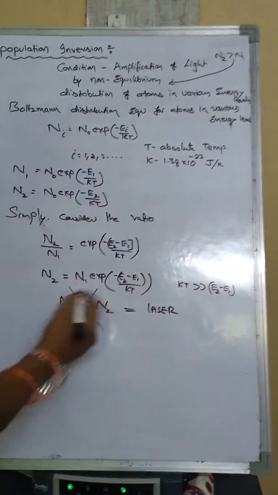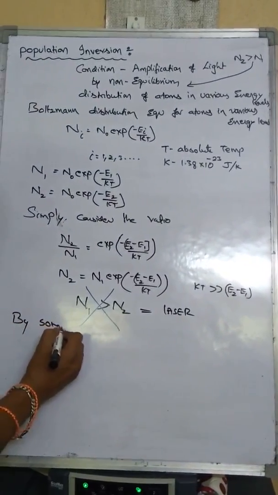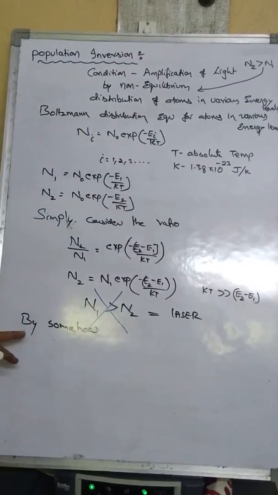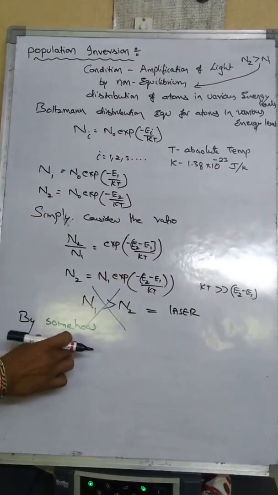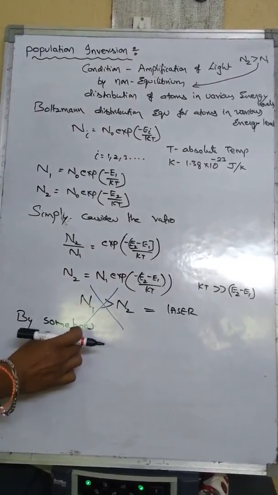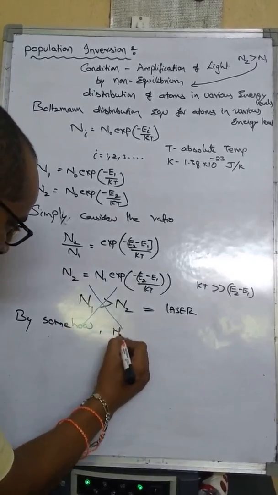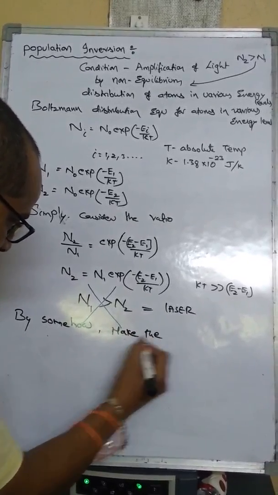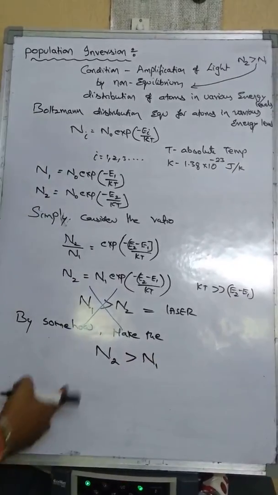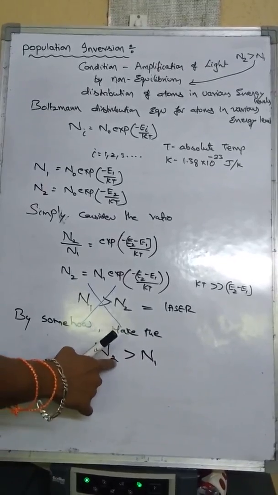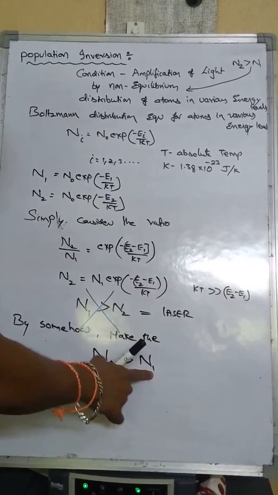So the condition for a laser is this: Albert Einstein says that by somehow, and closely look at the words I had written, by somehow means you do any process, any mechanism, any event or effect, such that you make the condition n2 greater than n1. That is, make the number of atoms in the higher energy level larger than the number of atoms in the lower energy level.